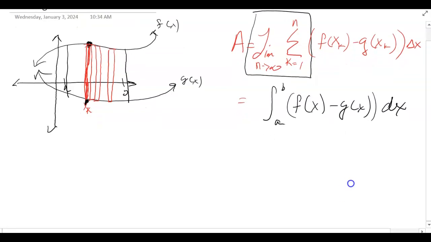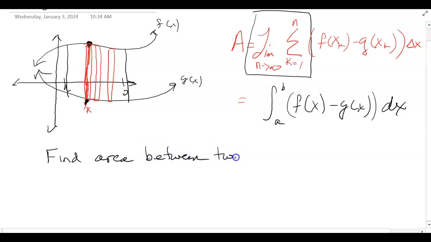So now, to do an example, let's do a little trig review as well. I want to find the area between two functions.